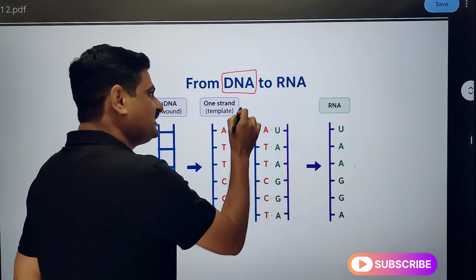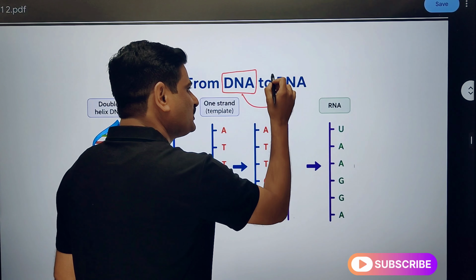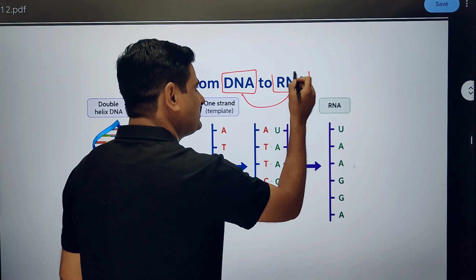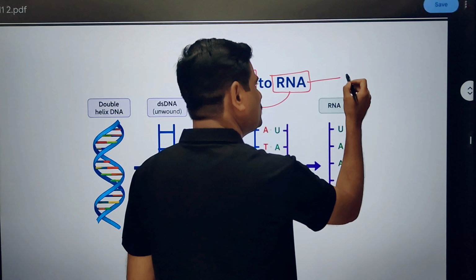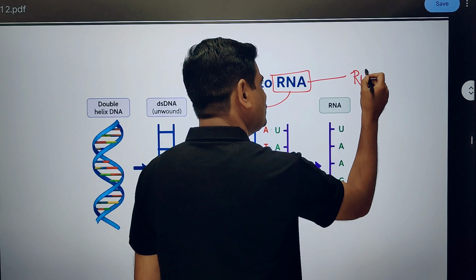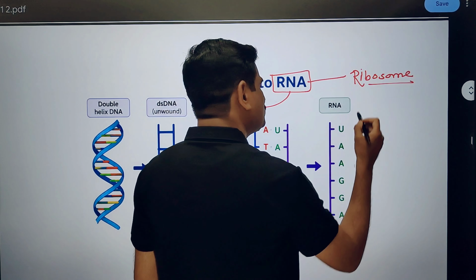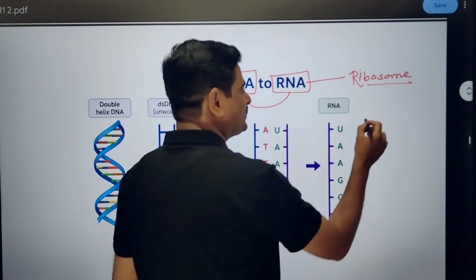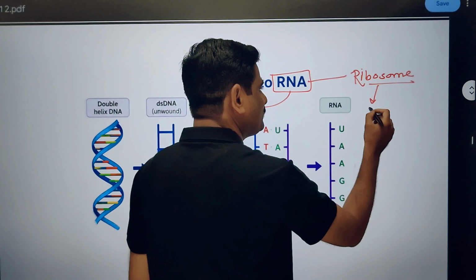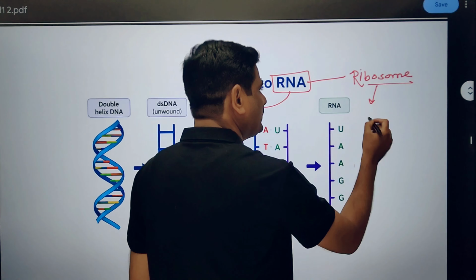So DNA will pass its information to the second structure, that is RNA. RNA will take this information to one important unit called a ribosome. This ribosome is present in the cytoplasm, and it will finally make our main important product, that is protein.